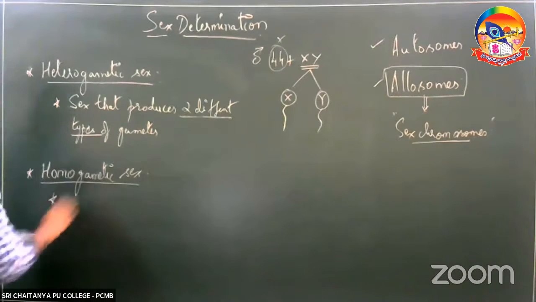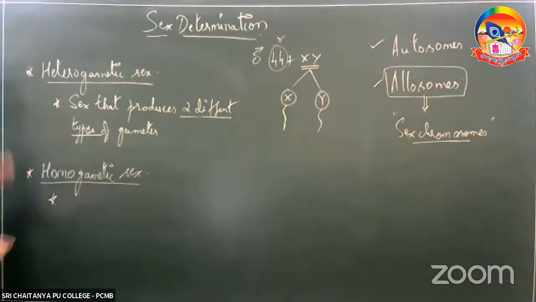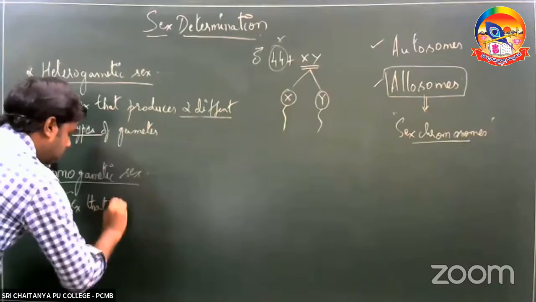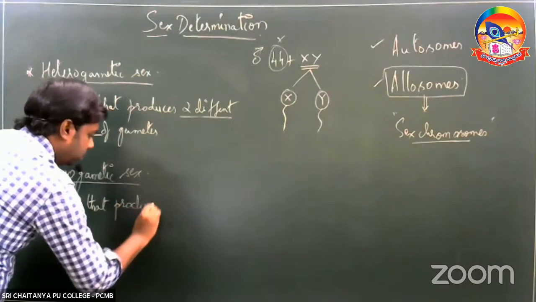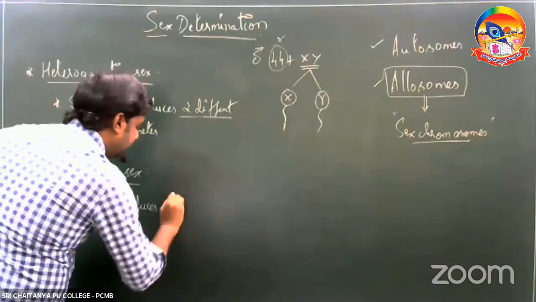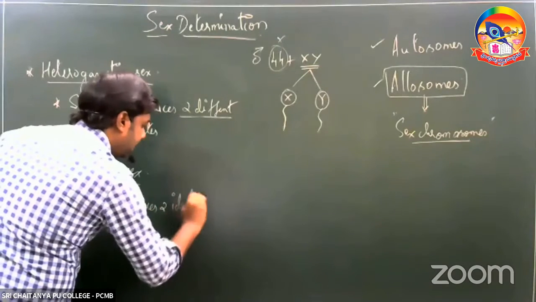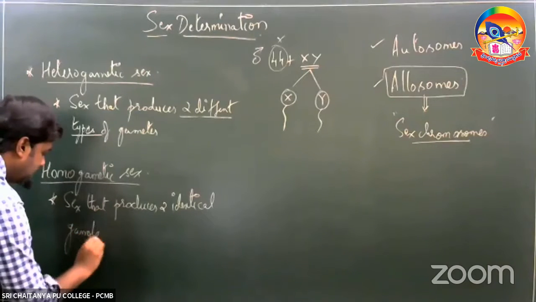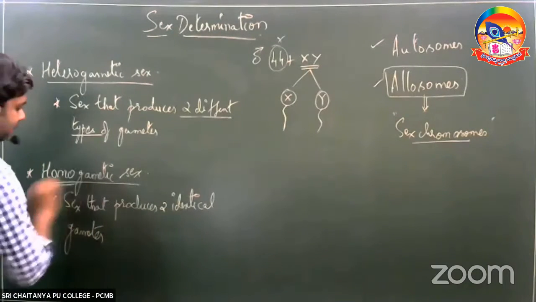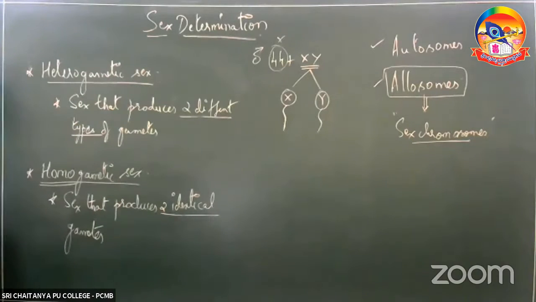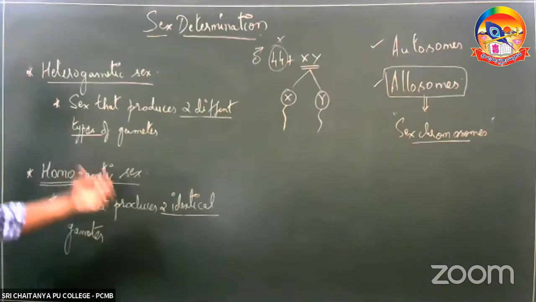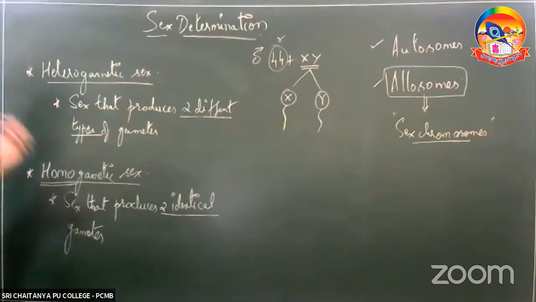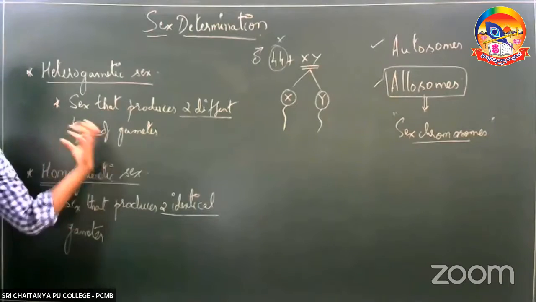The sex that has same type of gametes, or the sex that produces two identical gametes, we start calling it as homogametic sex. Homo means same. So there are two identical gametes which are being produced. So if there are two identical gametes produced by a particular sex, we start calling it as the homogametic sex.